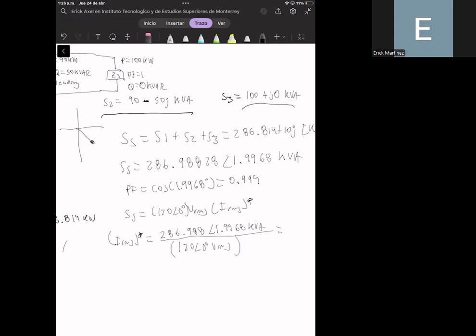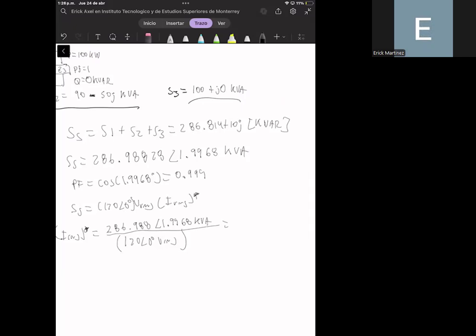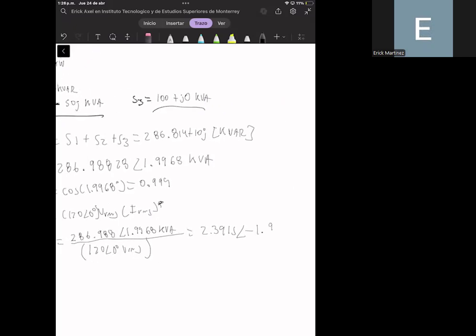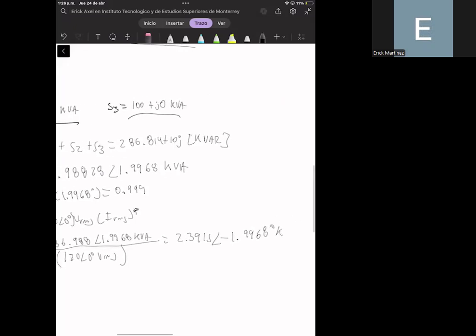If you perform this operation, you will obtain that the conjugate of the RMS current is 2.3915 with an angle of minus 1.9968 degrees kilo amperes RMS.